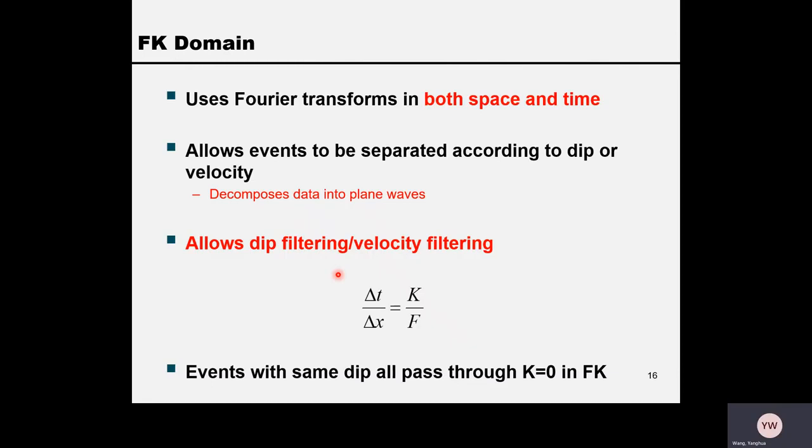In the FK domain, all the linear events, all the dips, will pass through the K equals 0 point. This is why we generally call the FK domain field a fan field, based on the different dips.